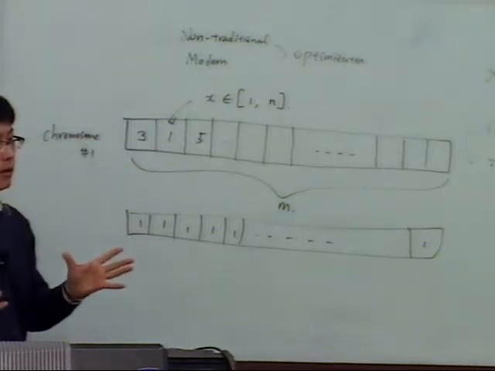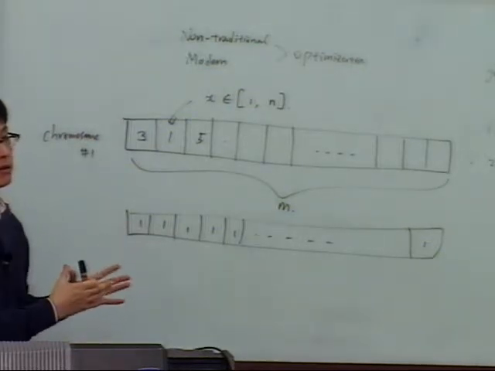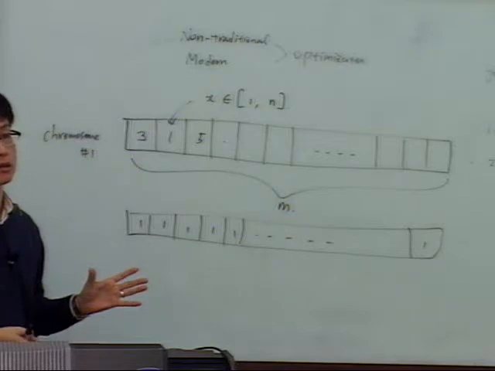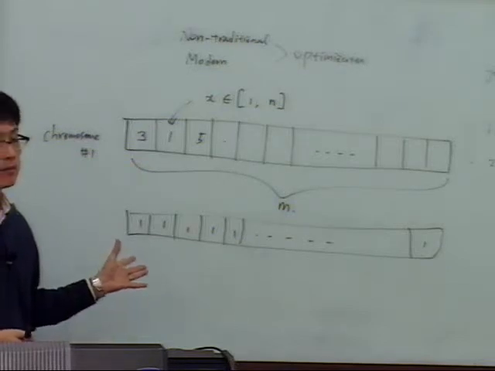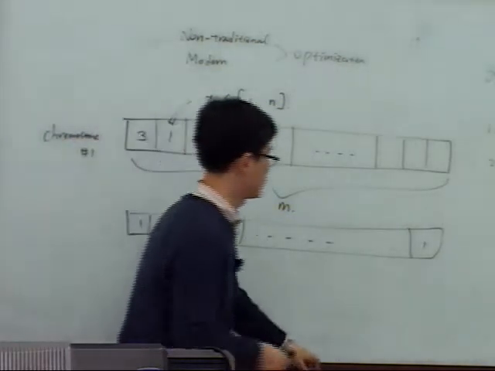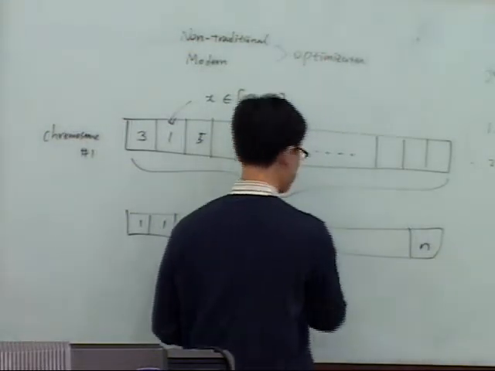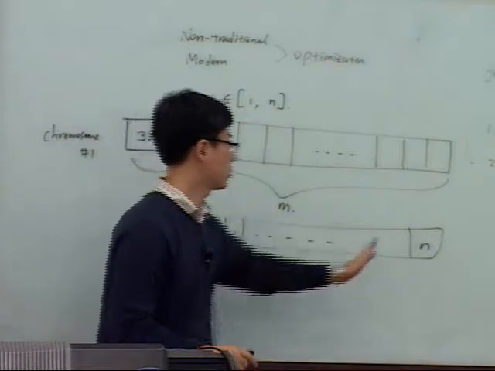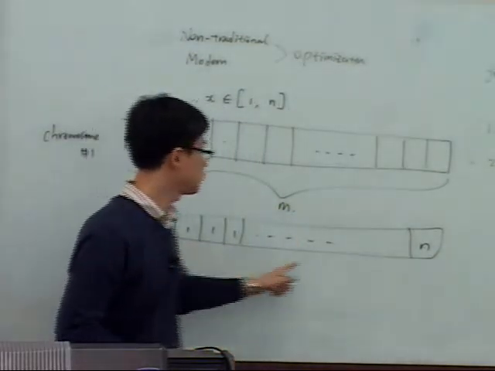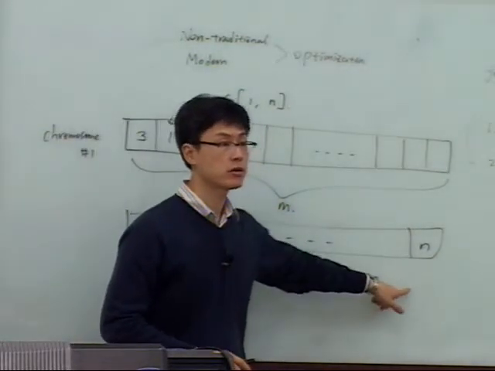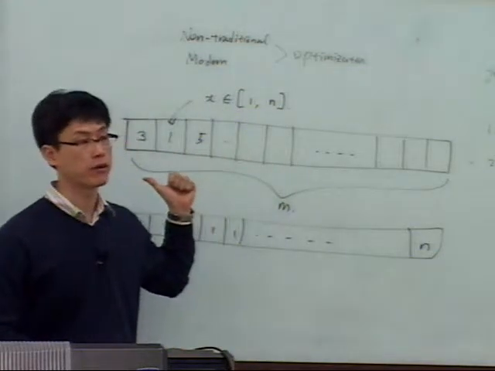All beans are in the first can, and the other cans are empty, right? What if this is n, and all these beans are 1? Then all beans number 1 to the bean number n-1 are inside of can number 1.